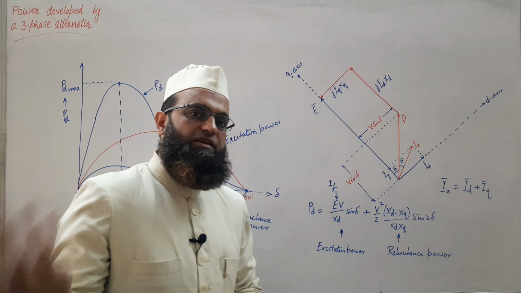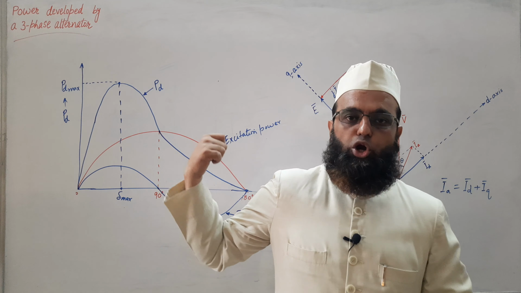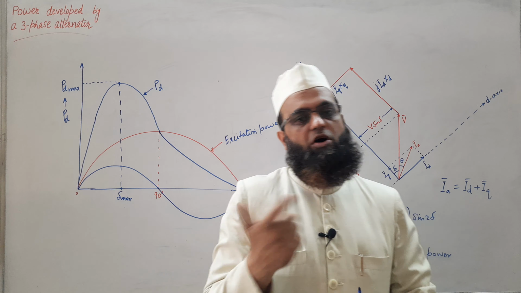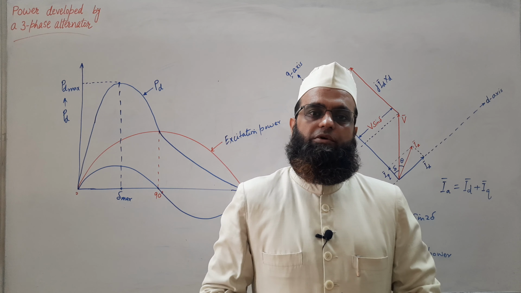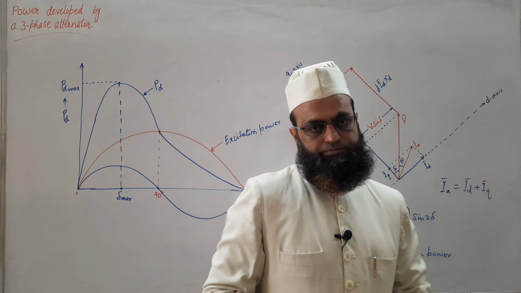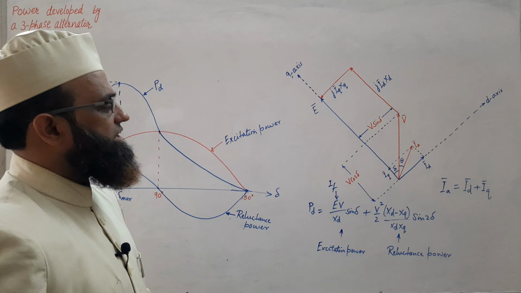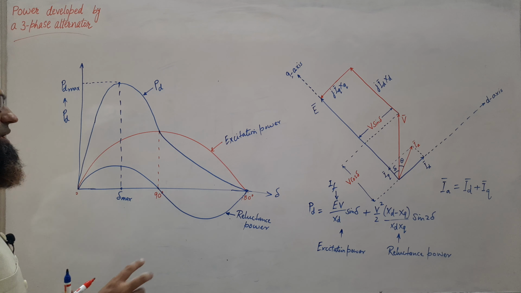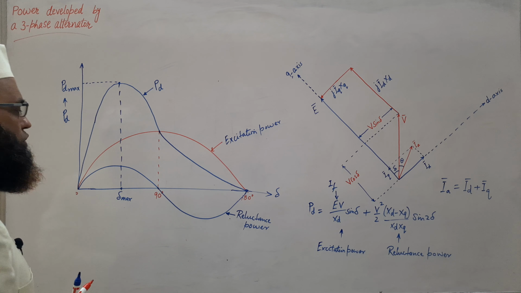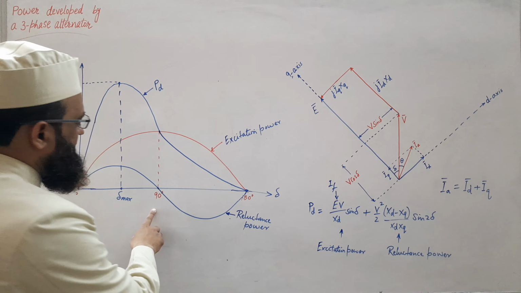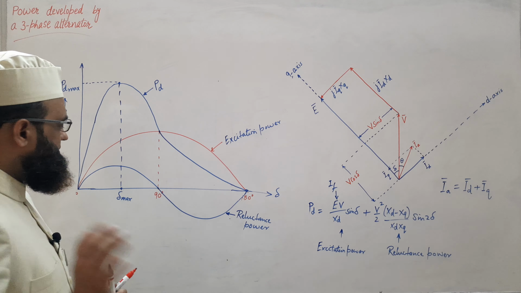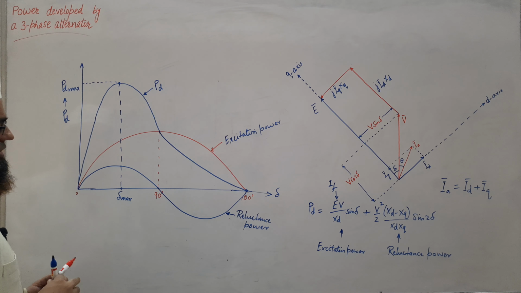Otherwise, in case of any disturbance, the machine, the alternator, which is a part of our power system, will fall out of step and lose synchronism. That discussion has already been explained in those lectures, so no need to repeat it, but just recall that particular constraint of delta having its value lesser than 90 degrees due to stability problems.